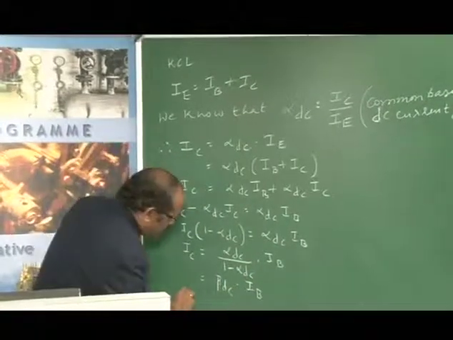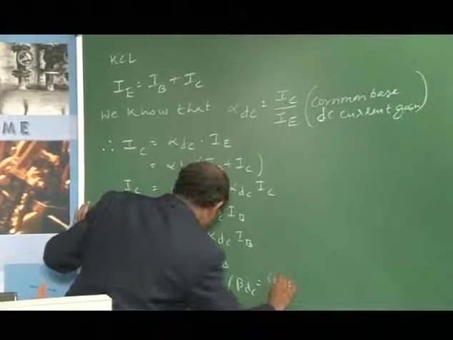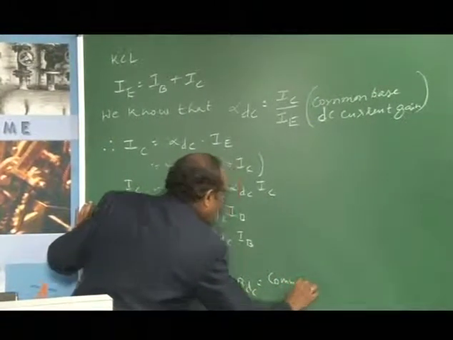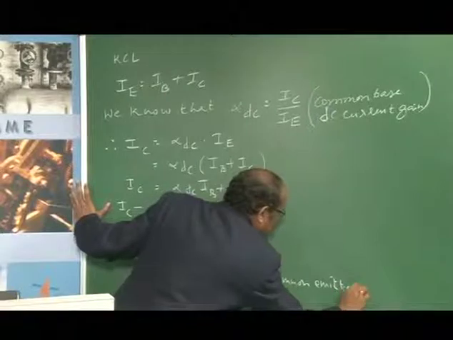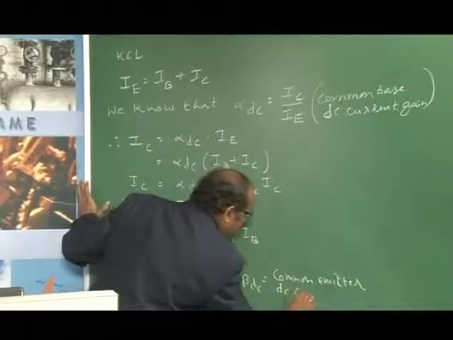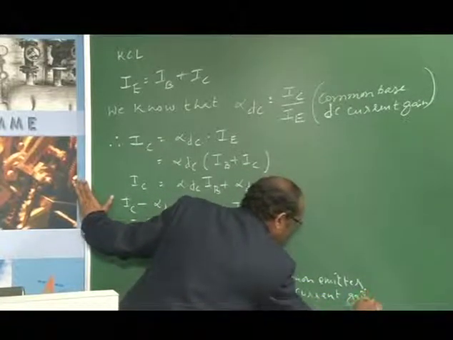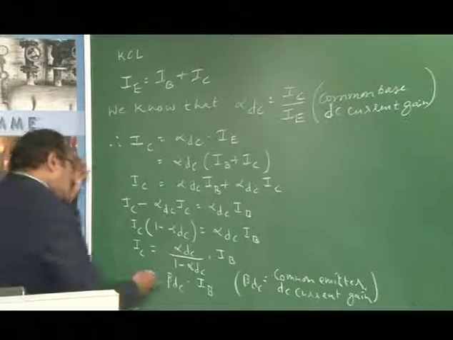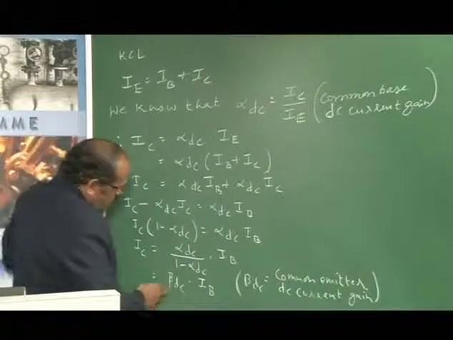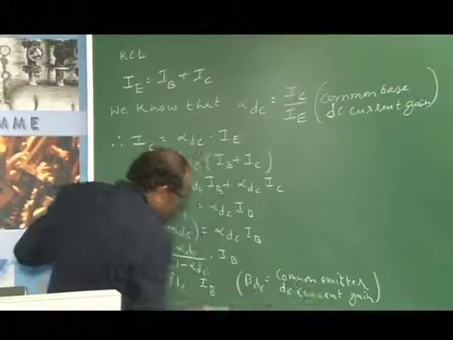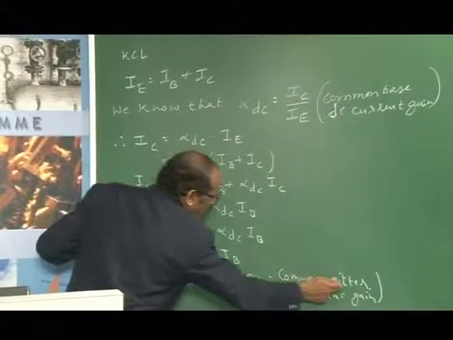Here, what is beta DC? Beta DC is the common emitter DC current gain. Once again this is a current gain similar to alpha DC, a ratio of the output current by the input current, in the case of the common emitter configuration.